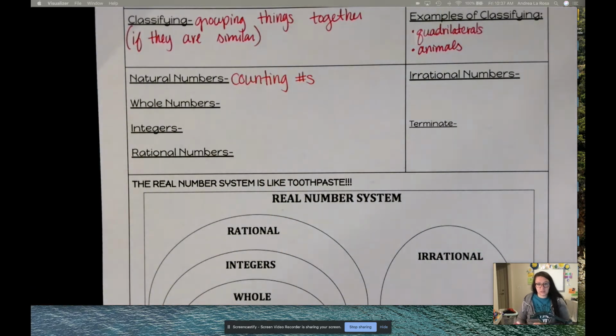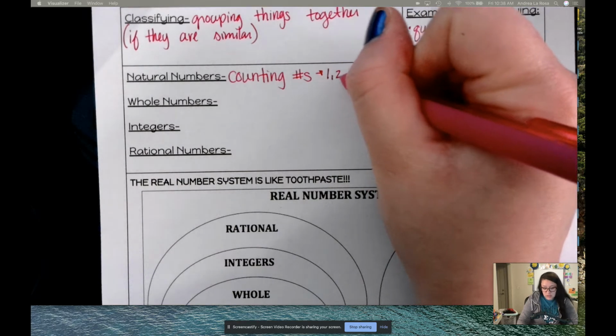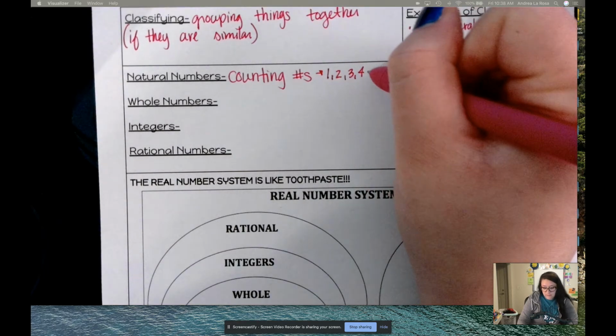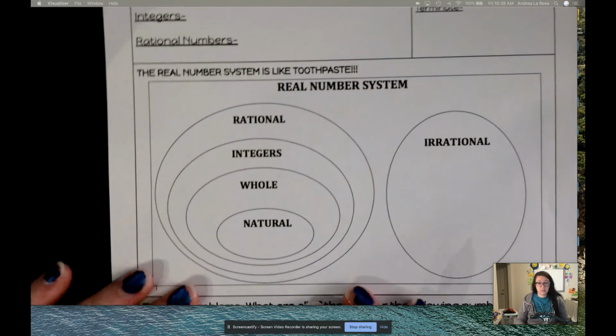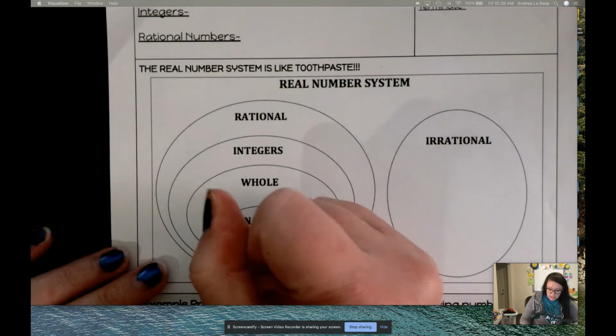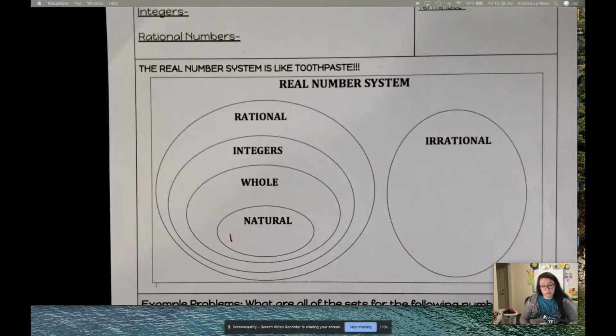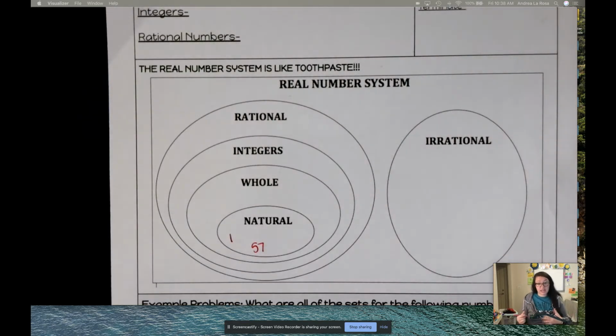Like 1, 2, 3, 4. If I can count to it, it's a counting number. So, like we said, an example would be 1. An example would be 57. I can sit there and I can count. Eventually, I'll get to 57.